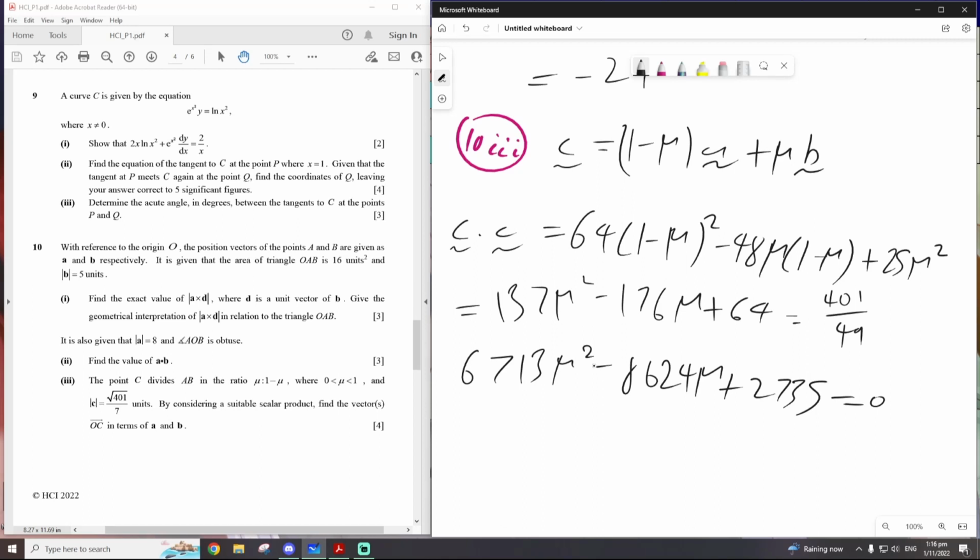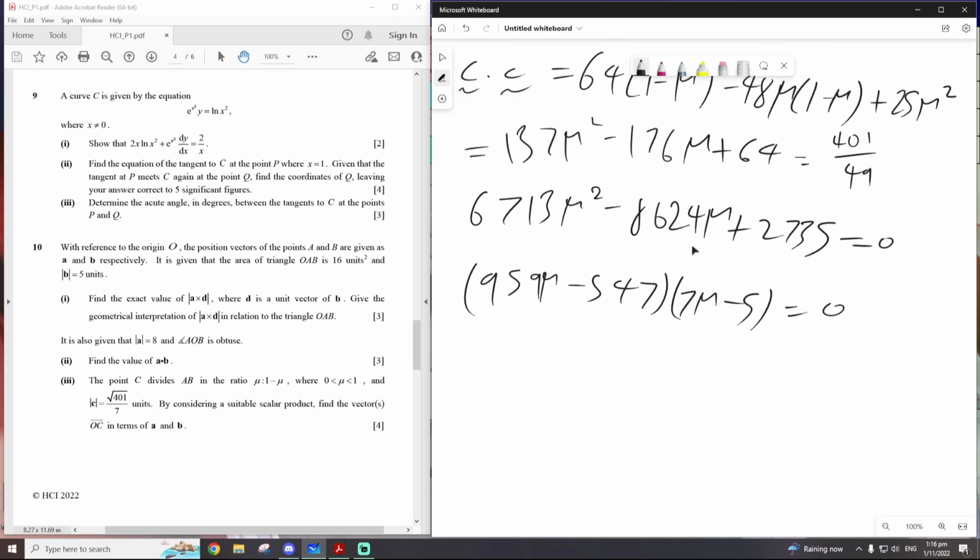But it turns out that this is correct. And this actually factorizes. And if you don't believe me, use your GC to check this, because there's a polynomial root finder on GC, right? You will get 959 mu minus 547 and 7 mu minus 5 as your linear factors. Okay? This is a very ridiculous number, I know, but it is correct.